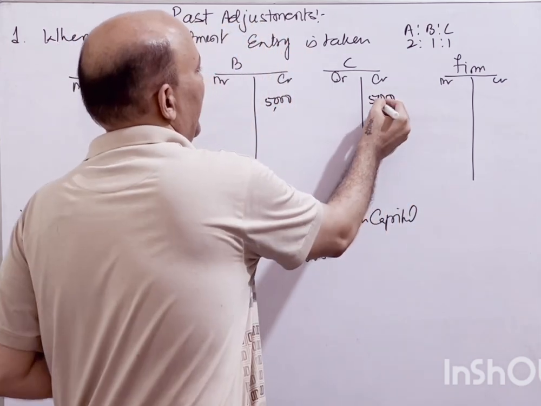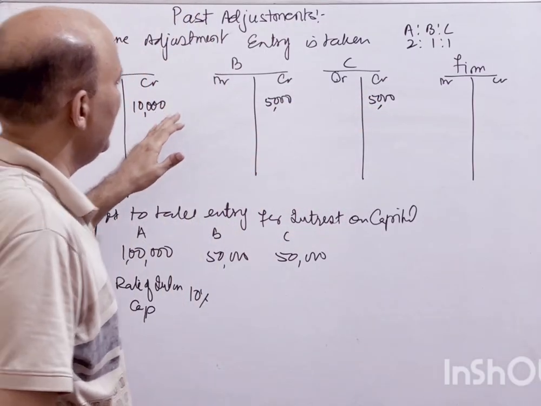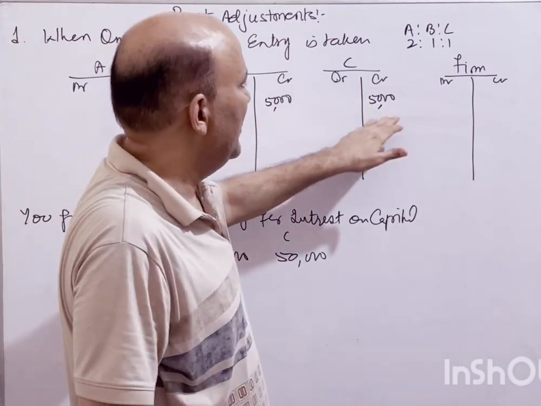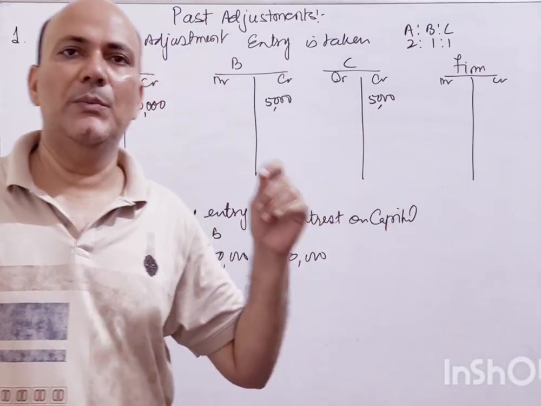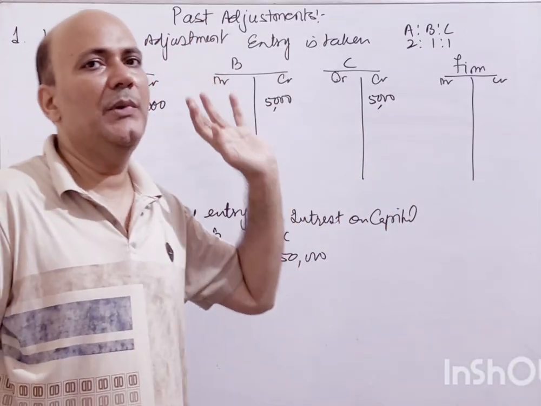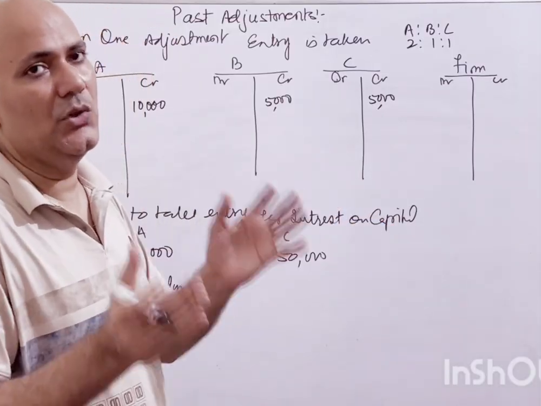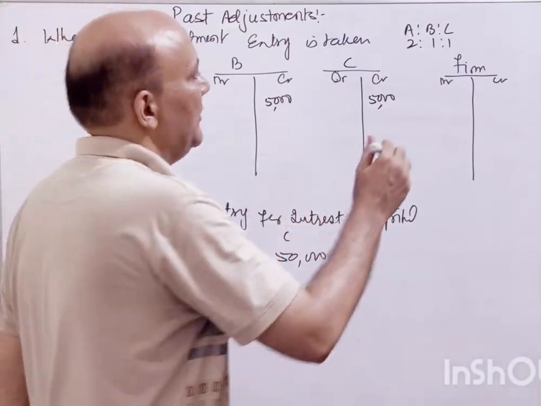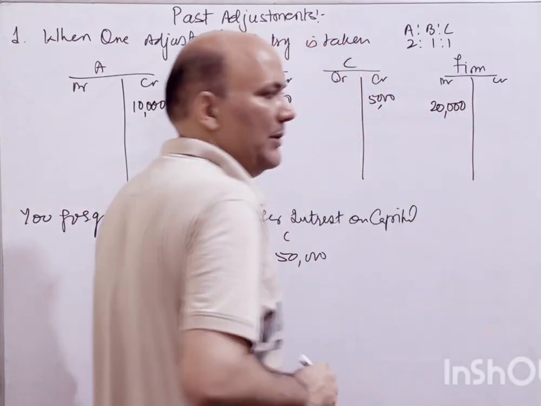So if we are giving 10,000, 5,000, 5,000 to partners, that means 10,000, 15,000, 20,000. 20,000 is being debited in the profit and loss appropriation account of the partnership firm. That means the partnership firm has to give 20,000 to the partners, so 20,000 is being debited to the partnership firm, right?